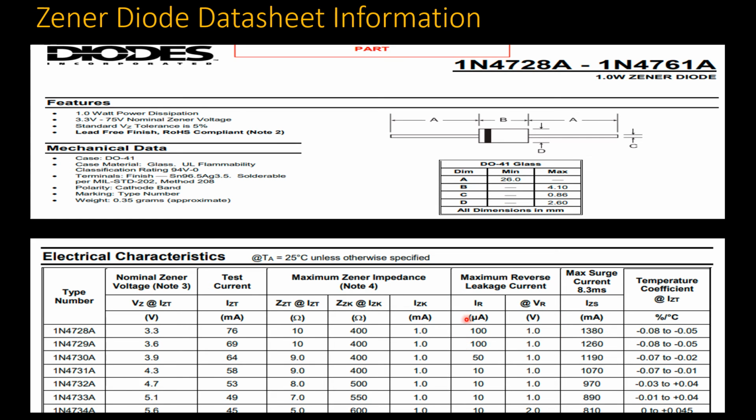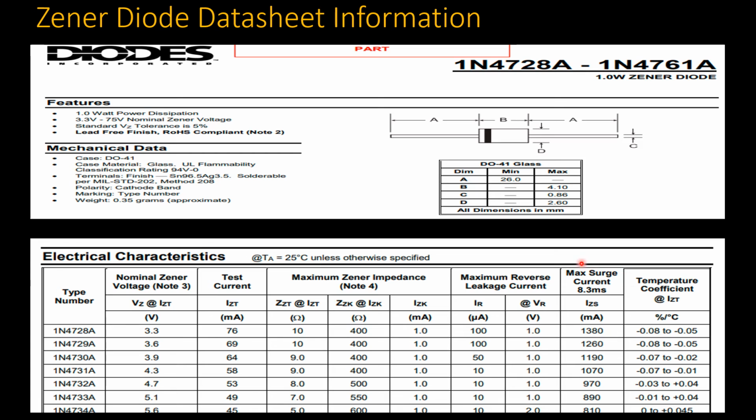Leakage current means the current the Zener diode allows until it reaches its breakdown voltage. That current is in microamps. For this diode it is 100 microamperes.